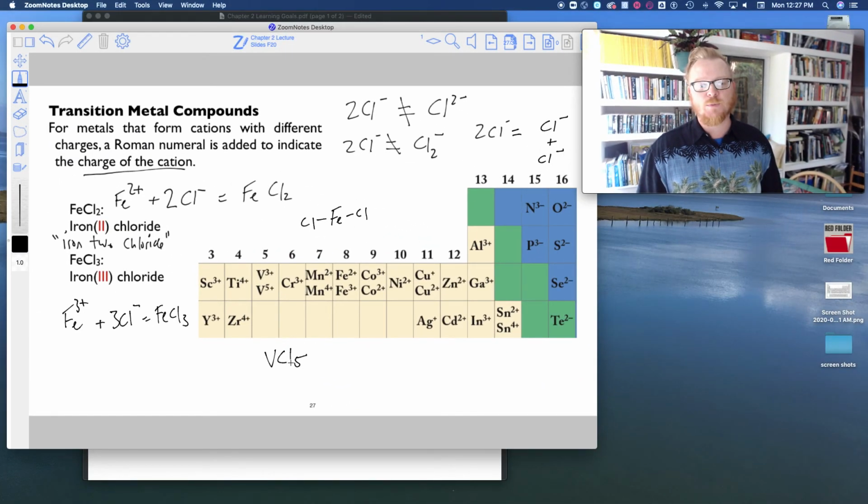So we look at this and we recognize that chlorines are always -1, and there has to be 5 of them. So this has to be vanadium, and don't write out the word 5. This was my phonetic. It's vanadium 5 chloride, okay?